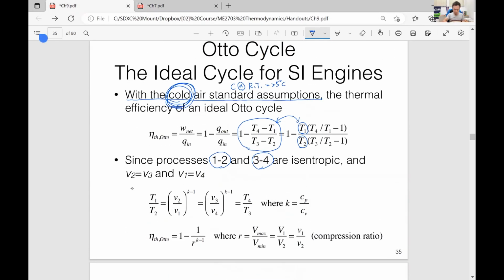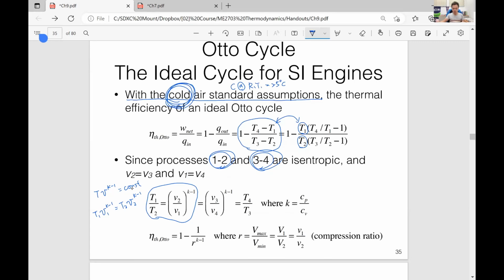T V to the K minus 1 is a constant for process 1 to 2 and 3 to 4. Okay, so T1 V1 to the K minus 1 equals T2 V2 to the K minus 1. Okay, then we can rewrite using this format.